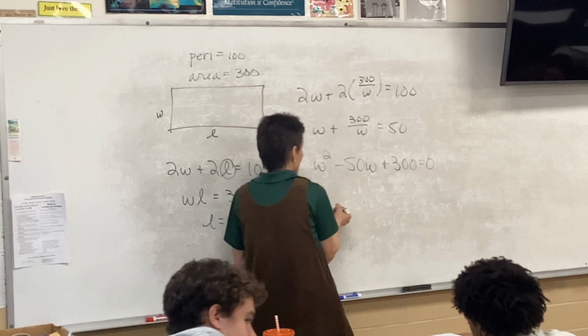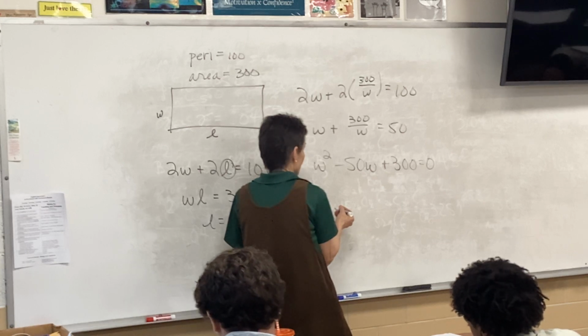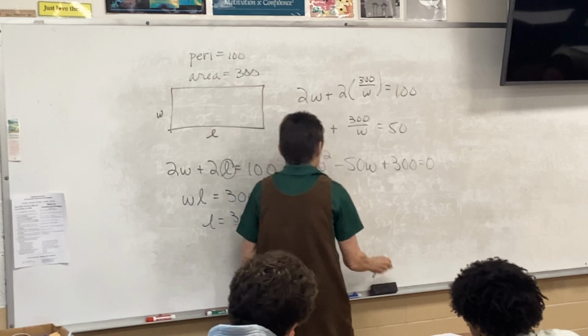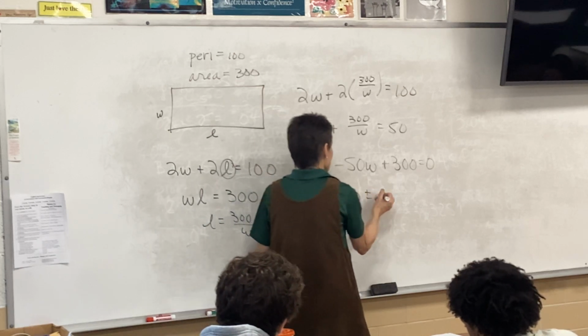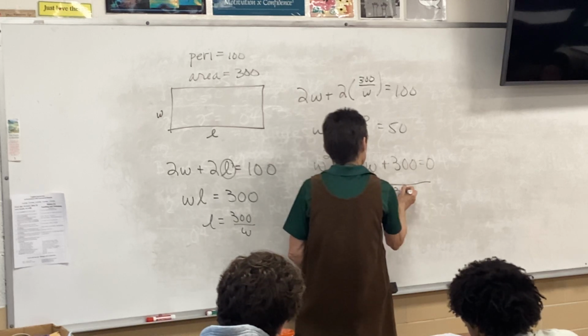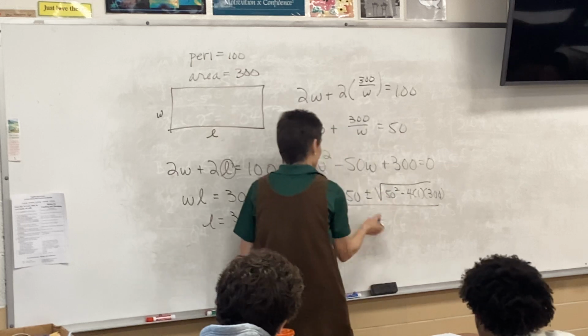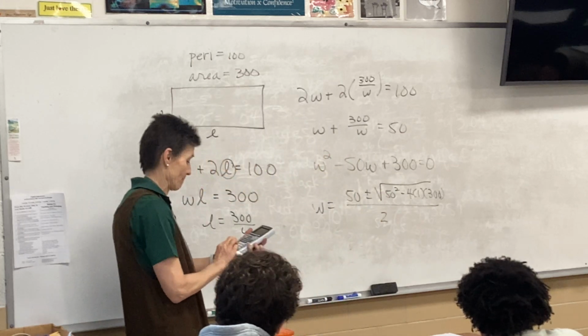But I don't know. So, actually I think it does. 30 and 20. No, that's not right. Never mind. So W equals negative B plus or minus the square root of B squared minus 4AC all over 2A. All right, let's see what we come up with here.